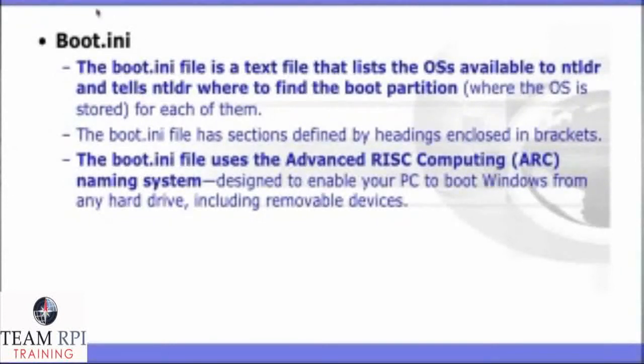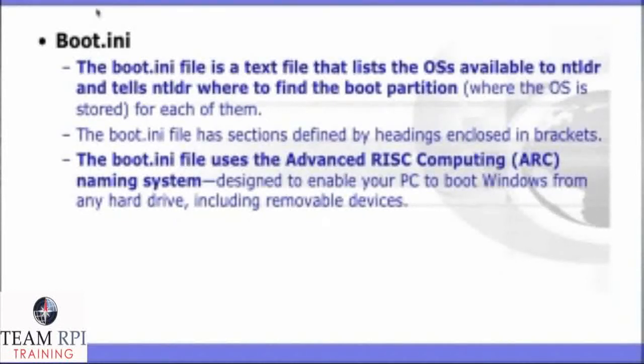Next, we'll look at the boot.ini file. This file is a text file that lists the operating systems available for the NT Loader and tells the NT Loader where to find the boot partition. The boot.ini file has sections defined by headings enclosed in brackets. The boot.ini file uses the Advanced RISC Computing naming system, or the ARC.